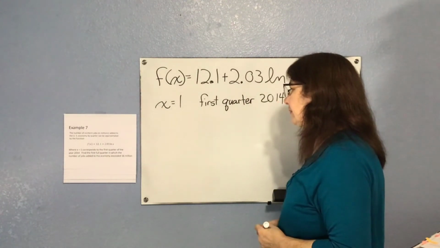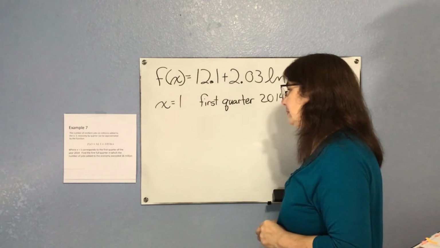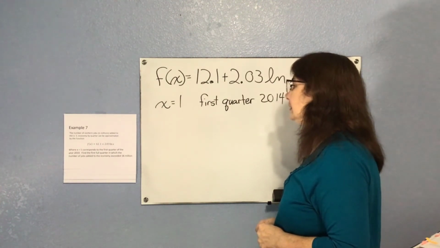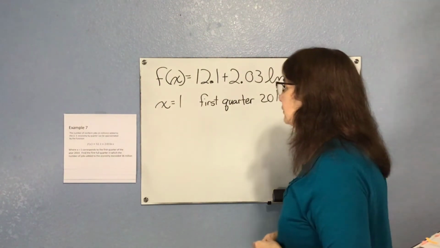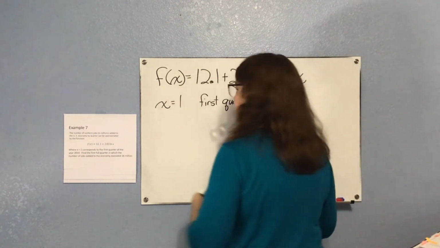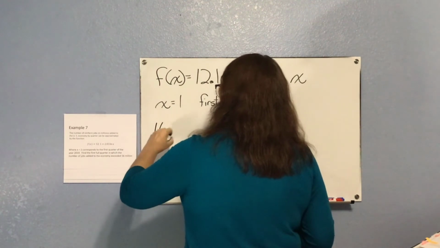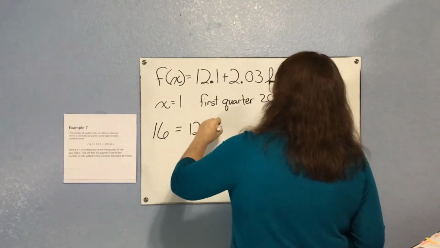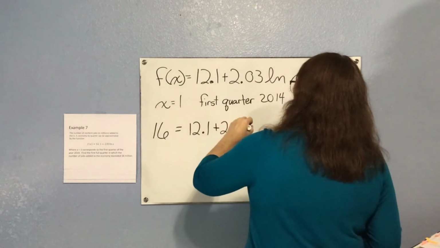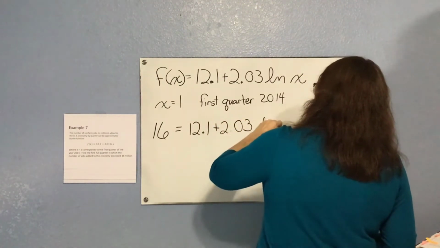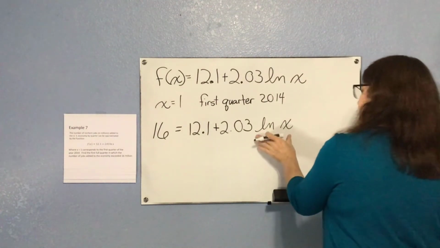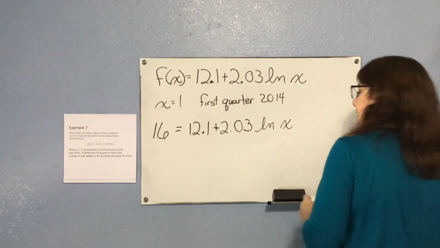And they said find the first full quarter in which the number of jobs added to the economy exceeded 16 million. So we're going to let f of x equal 16, and find out what x is. But first I want to simplify and get this ln x all by itself.